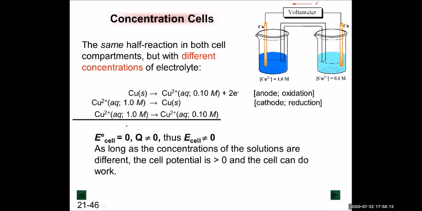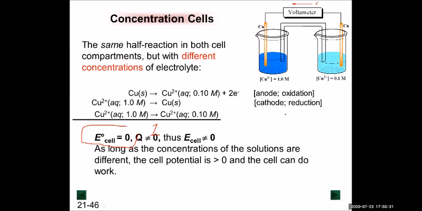And the standard cell potential equals 0, just because they're the same cell. The quotient, however, does not equal 1, which means the actual cell potential is not 0.